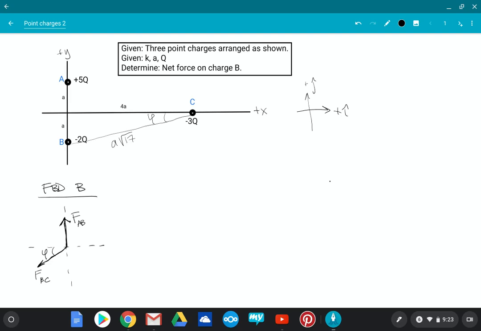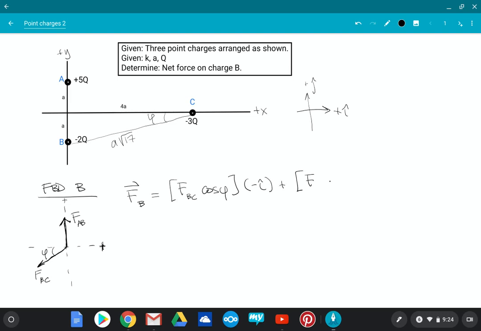Okay, I'm going to go ahead and put my sign convention on this free body diagram to remind myself of that. So positive rightward, positive upward. And then I can start expressing what this force looks like. The force on B, I'm going to draw this in unit vector notation, is going to be F_BC cosine phi in the negative i hat direction.